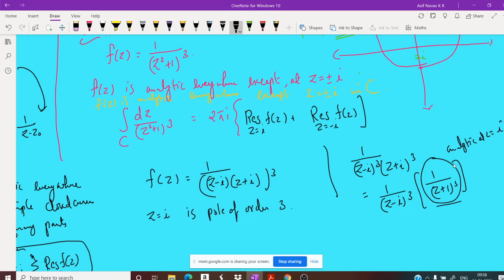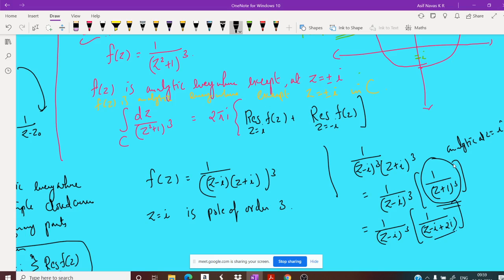So it is of the form 1 by (z minus i) all cube into, if you find this, z plus i can be written as z minus i plus 2i, right?